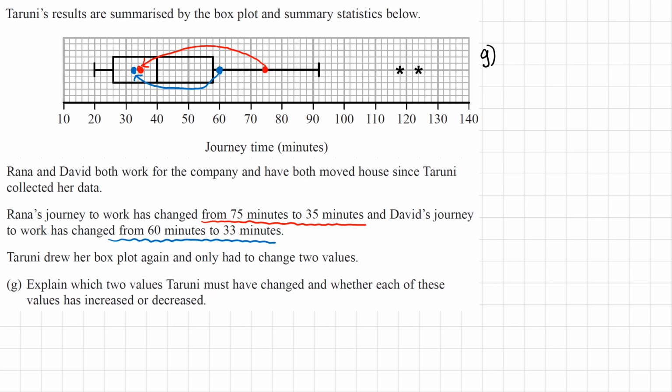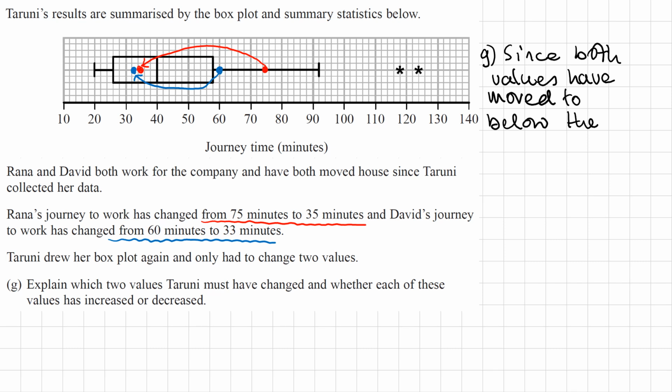So we can write that since both values have moved to below the median, that's Q2, what this will do is to cause the median Q2 and the upper quartile to both decrease.